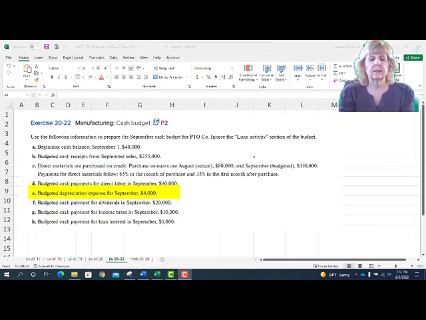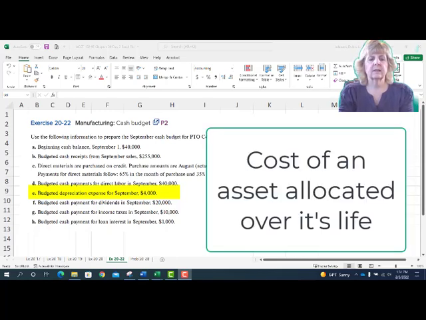Depreciation expense is a non-cash expenditure. Depreciation expense, as you will recall, is the cost of an asset less its salvage value charged out over the life of the asset. It does not represent an expenditure of cash, and so when it comes to letter E, on the budgeted depreciation expense, you should cross that out.